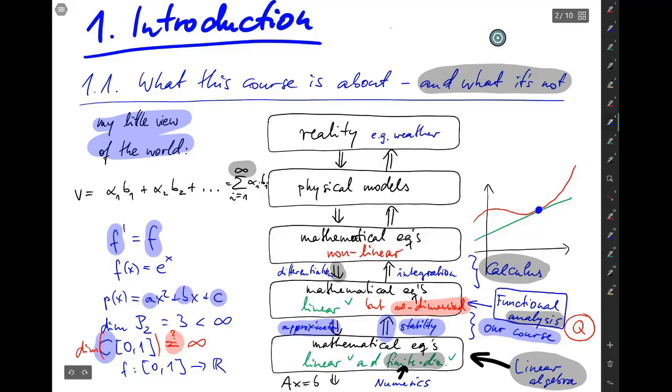And we mentioned integrations, so you could as well study integral equations or mixtures of the two or completely different equations. We will try to keep this open and flexible as long as we can, because this gives us more generality, and that's what mathematicians do.